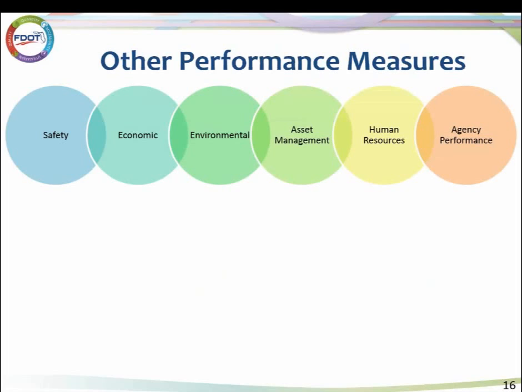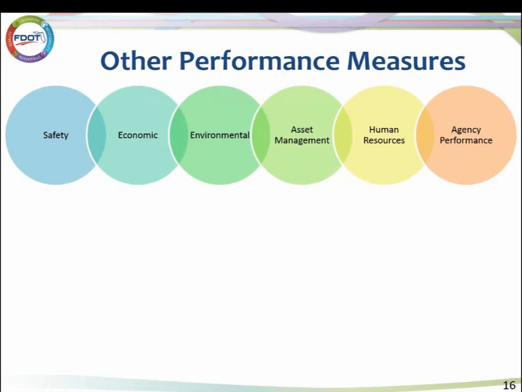Mobility may be transportation's primary or essential function, but there are many other performance measures. There's the safety aspect, safety, economic competitiveness, environmental performance measures, asset management, and then within the agency itself, human resources and agency performance.